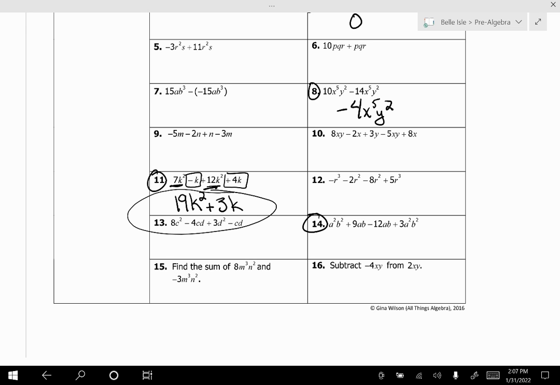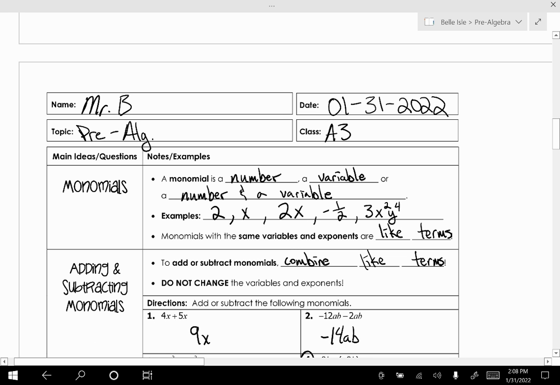Okay, 14. Wait, I have a question regarding monomials. Okay, go ahead. Each vowel gets its own syllable, right? Is this a math question? It's about how many vowels, how many syllables.